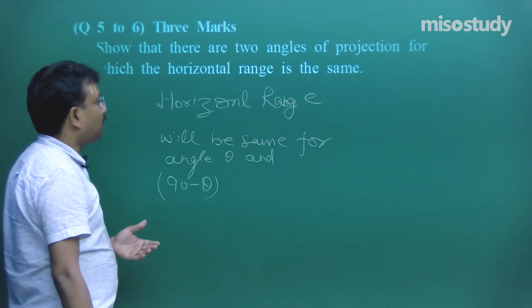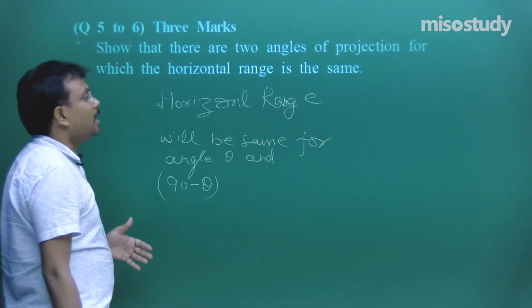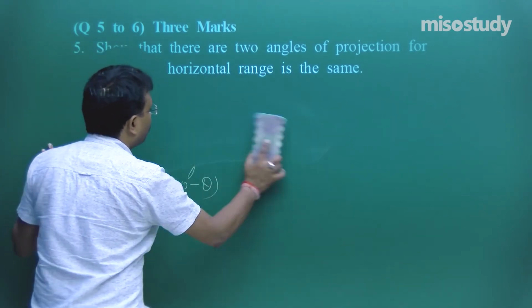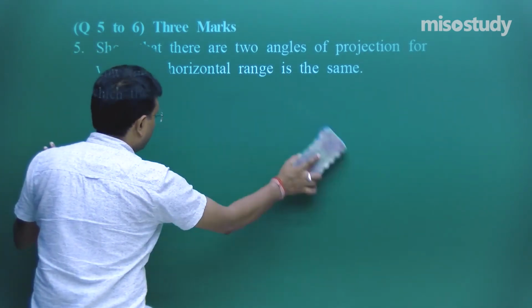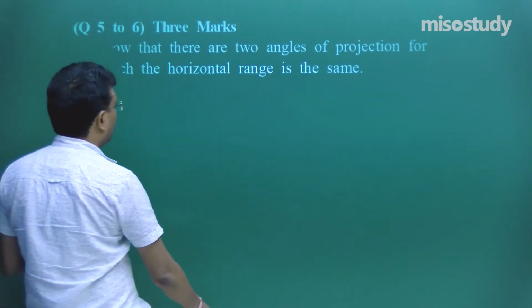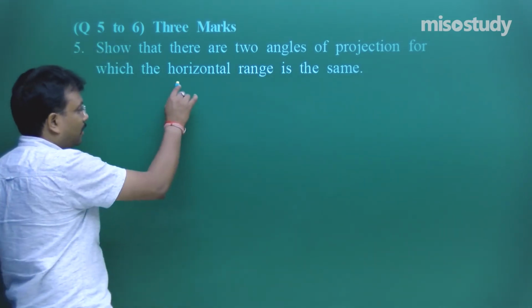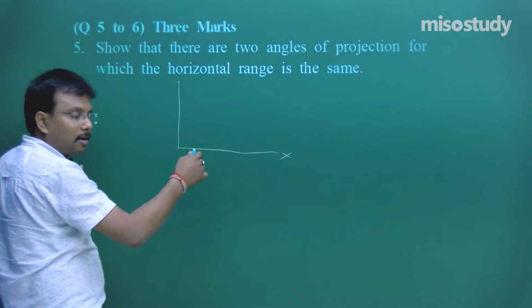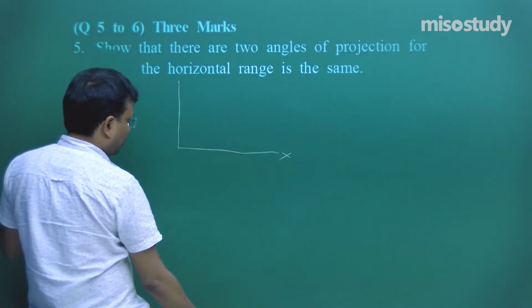This is the answer of this particular question. If you wish, you can draw a diagram also because it is in the 3 marks category. So how can you draw the diagram? You can draw the diagram by simply drawing the y axis, x axis, and then you can complete this trajectory.